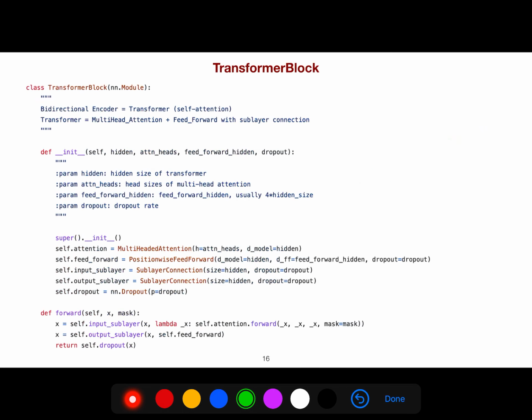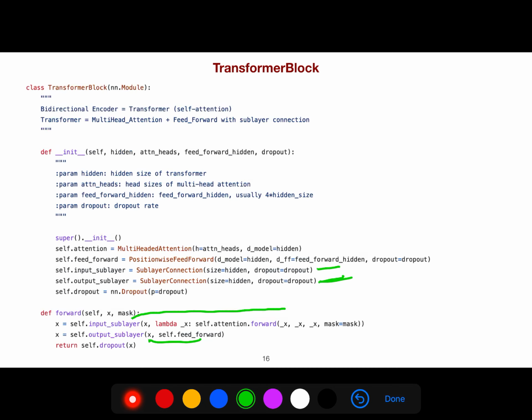Very simple. For the transformer block, it depends on you, but the standard way is first you give the input to a sublayer, and then the output sublayer, which is a sublayer connection that I explained. So the input sublayer is a sublayer connection, and the output sublayer is a sublayer connection.